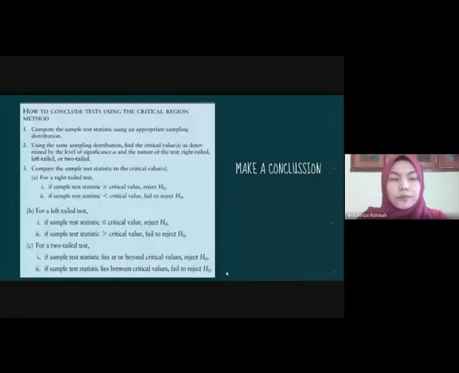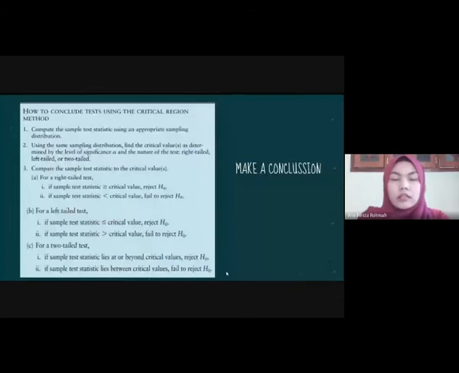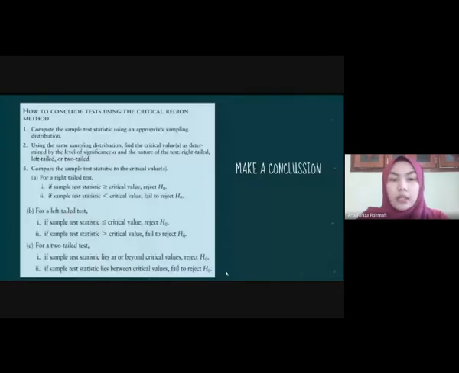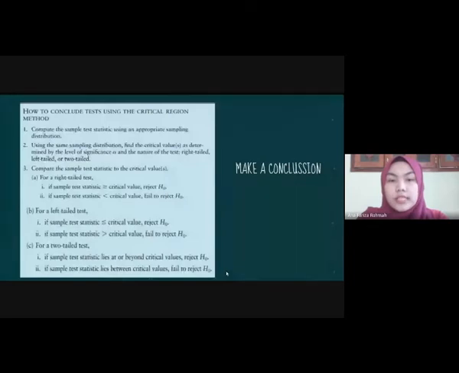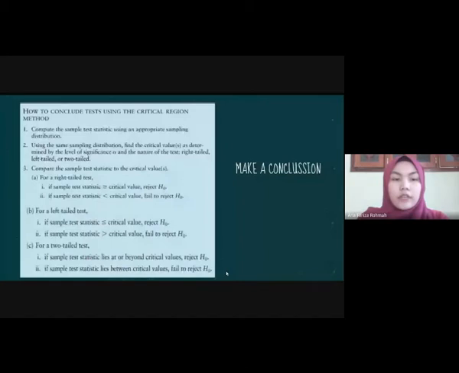Okay, for a right tail test, if the sample test statistic is greater than or equal to the critical value, reject the null hypothesis. If the sample test statistic is less than the critical value, fail to reject the null hypothesis. B, for a left tail test, if the sample test statistic is less than or equal to the critical value, reject the null hypothesis.